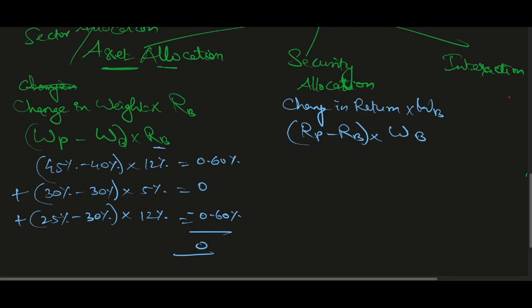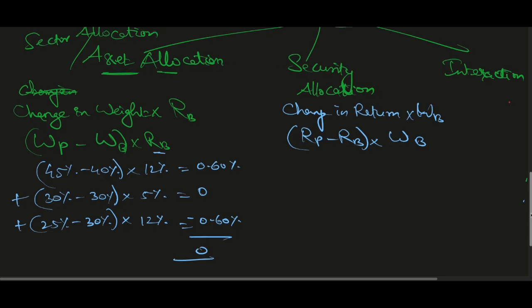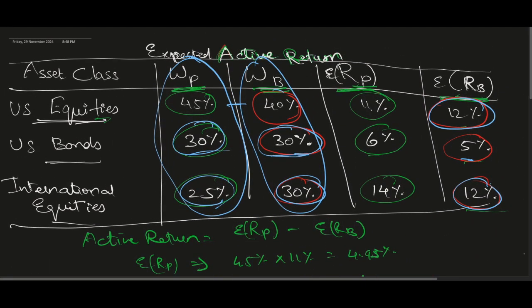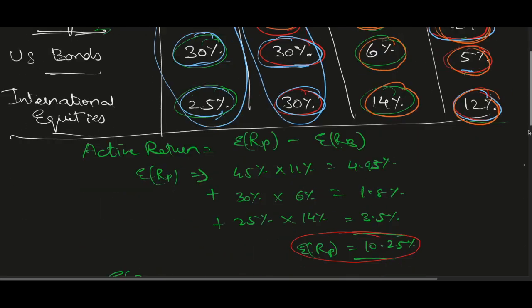Okay, so change in return of the portfolio is return of the portfolio 11 percentage, and return of the benchmark 12 percentage, multiplied by weight of the benchmark. Okay, so 11 percentage minus 12 percentage into 40 percentage here.